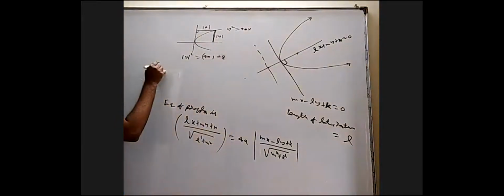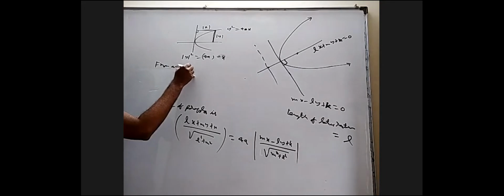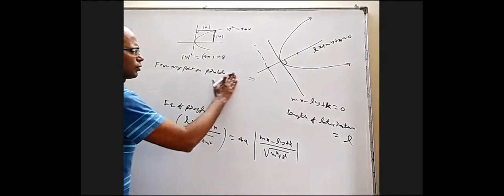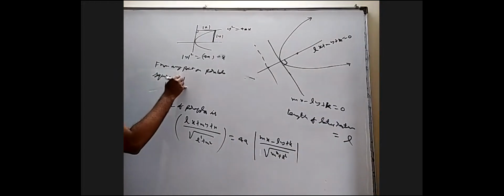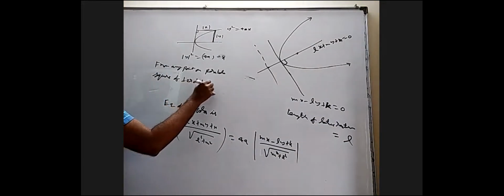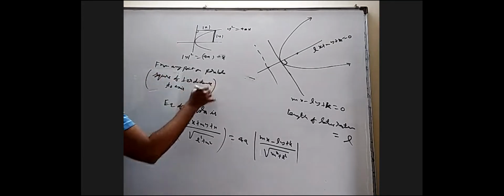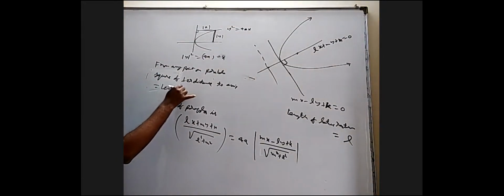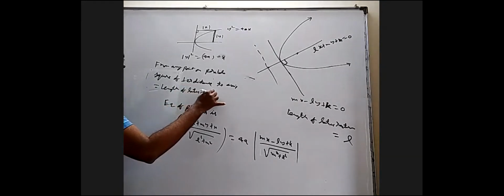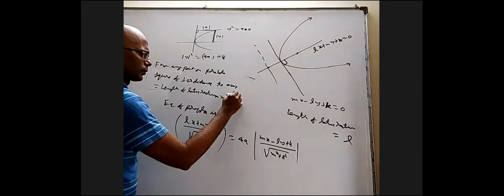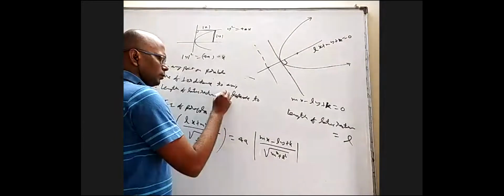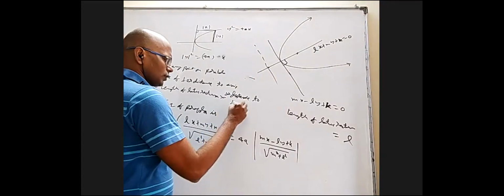So from any point on the parabola, the square of the perpendicular distance to the axis is equal to the length of the latus rectum times the perpendicular distance to the tangent at vertex.